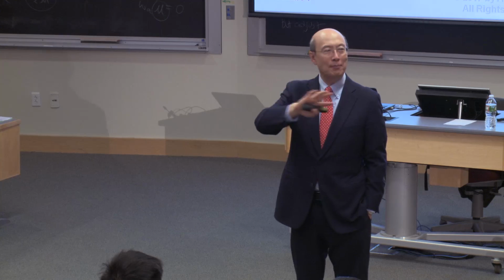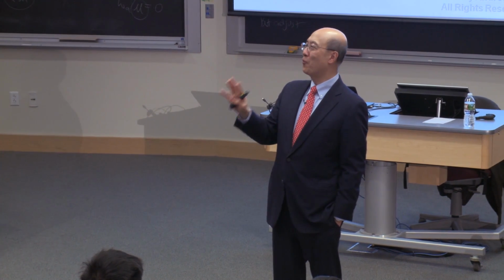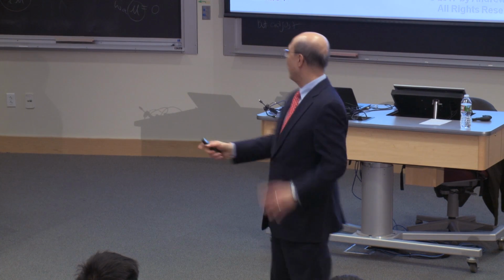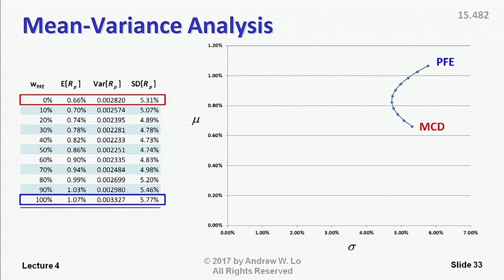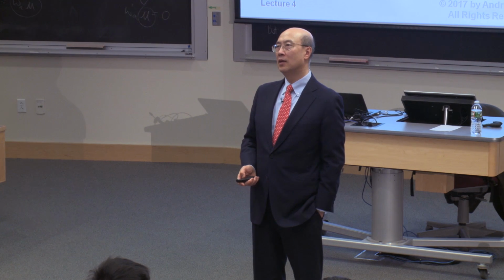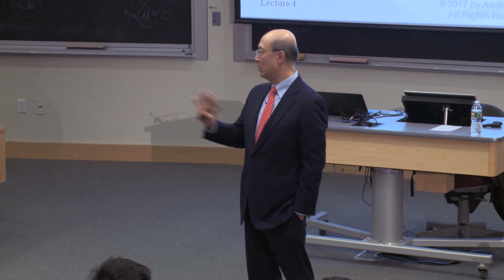This is motherhood and apple pie, right? You can do no wrong for clients if you can actually lower their risk and increase their average return. And it turns out that that's possible in this region right here. In this region here, you're decreasing the risk and steadily increasing the returns. If you start off at McDonald's, by adding little bits of Pfizer into that portfolio, you are slowly improving the risk-reward trade-off. And that's something that all investors will appreciate.